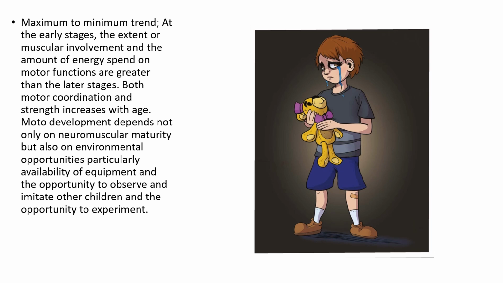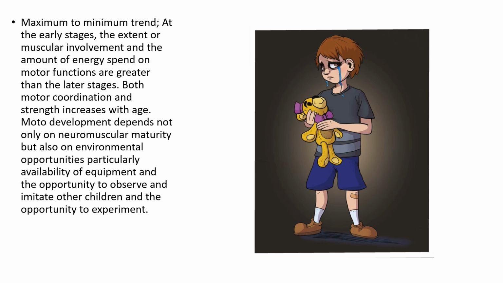Both motor coordination and strength increase with age. A small child will have very little strength and motor coordination, but as the child passes from one stage to another, the child will also gain motor coordination and their strength will increase.